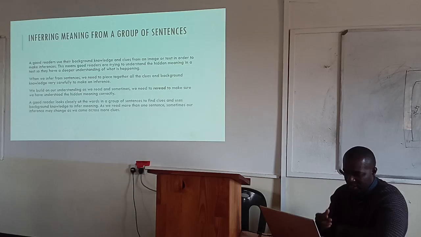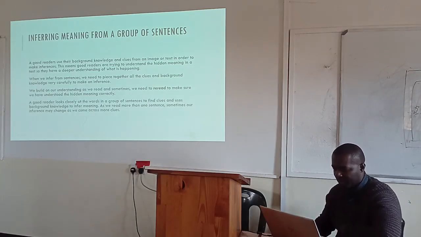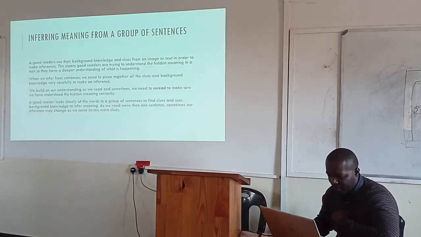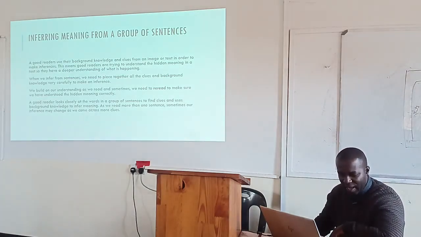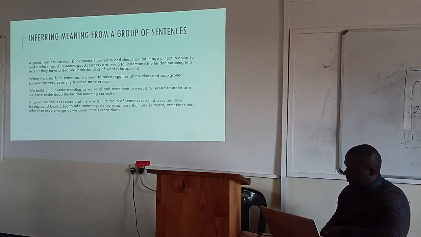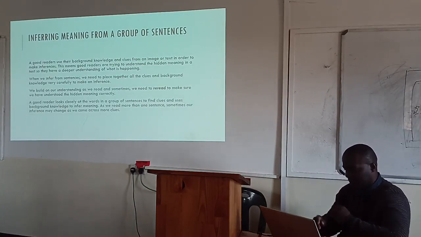Let us say a good reader closely looks at the words in a group of sentences to find clues and uses background knowledge to infer meaning. As we read more than one sentence, sometimes our inference may change as we come across more clues, right? So in a group of sentences, go beyond just reading a few.